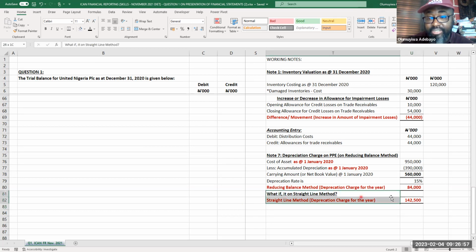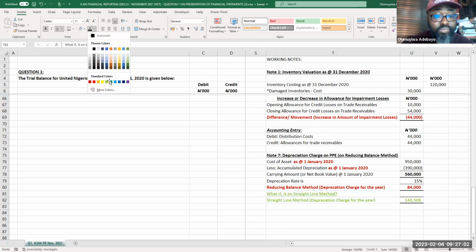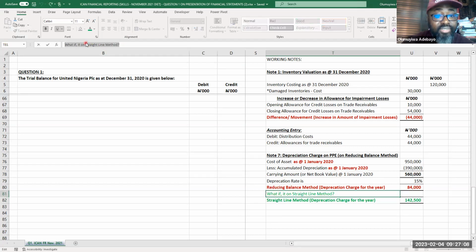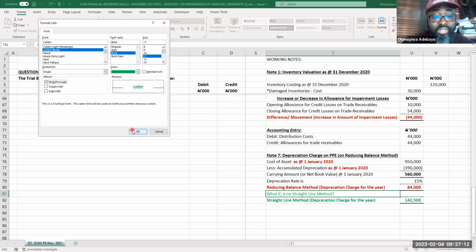But that is not what we're told in the question. Therefore, I'll strike it out, but I'll leave it there and strike it out for your understanding.